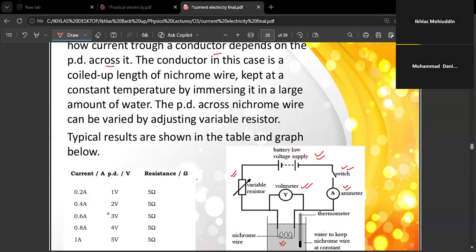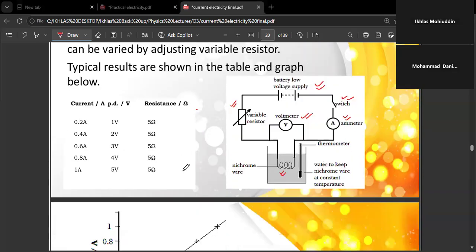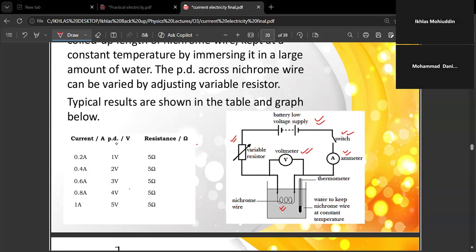Typical results are shown. You can see in the table, at 1 volt, the current would be 0.2 amperes. At 2 volts, the current would be 0.4 amperes.